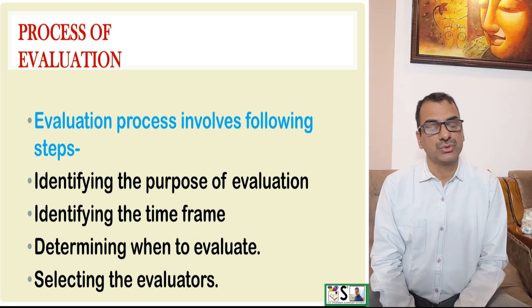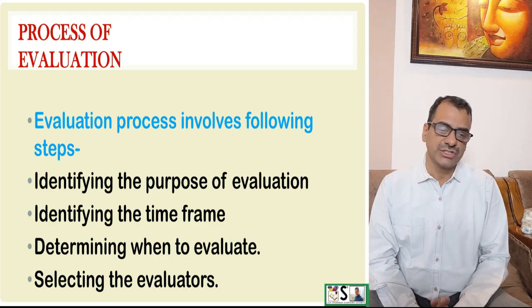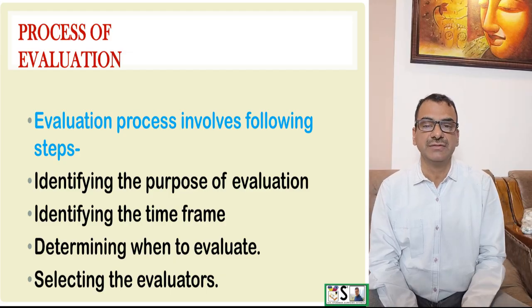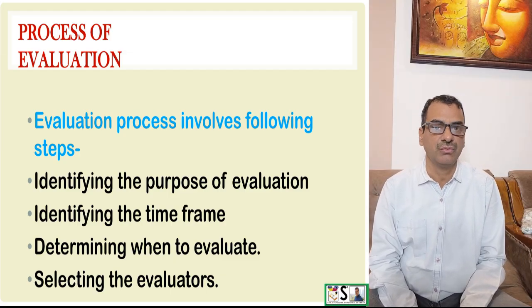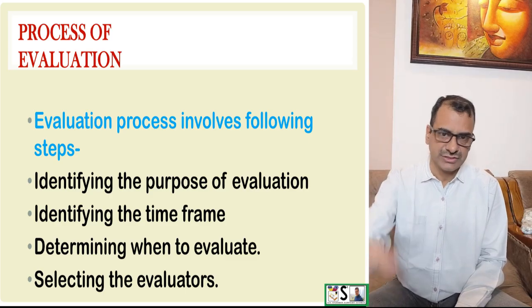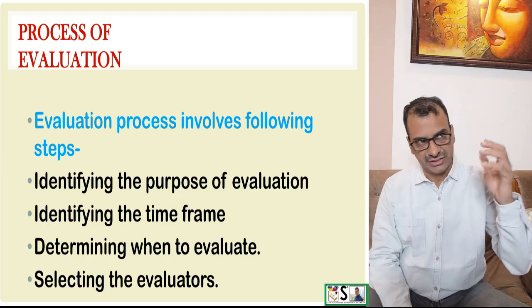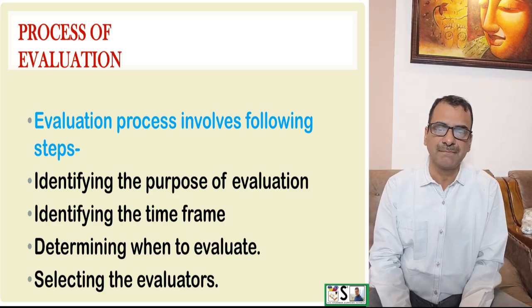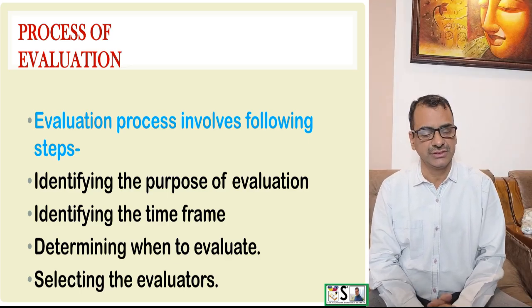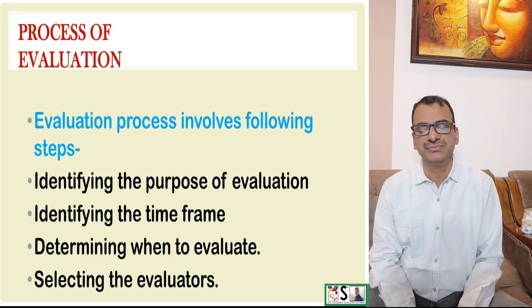Now we come to the process of evaluation. How we evaluate? Evaluation process involves the following steps, and it starts from identifying the purpose of evaluation. Why we are evaluating? We have discussed 6 objectives, so one or more objective we can consider and then we can start. Then we identify the time frame, that in how much time we have to cover the evaluation.